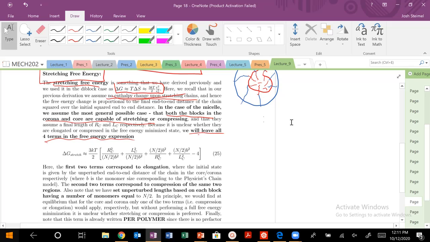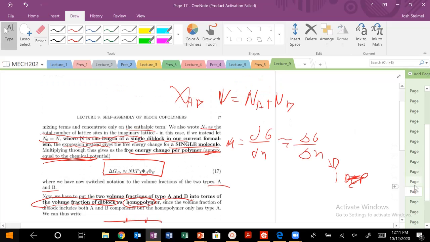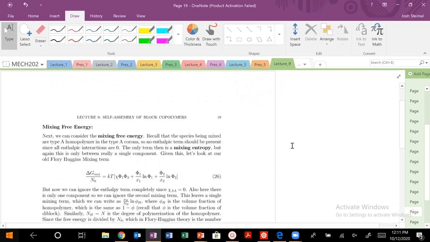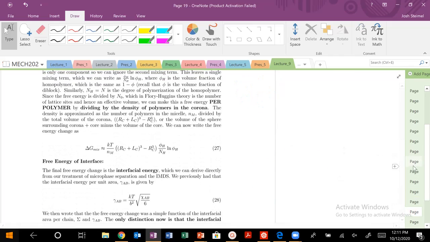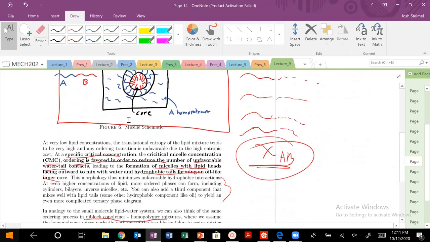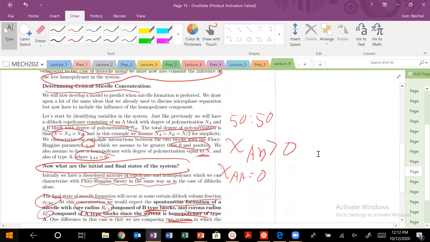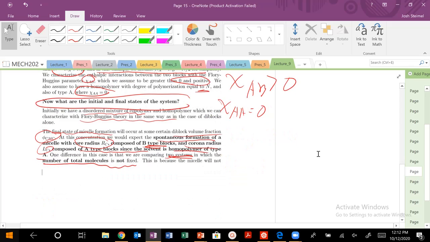So actually, let's go back to RC and LC. We'll see that in a figure. So we have the radius of the core, so core radius, RC. The length of our corona is LC.